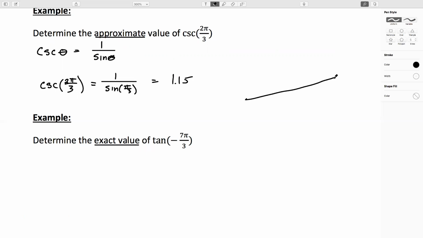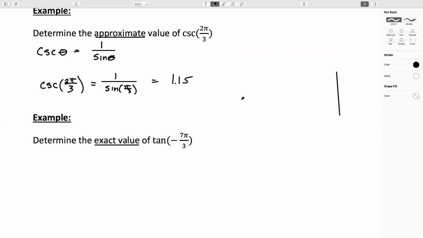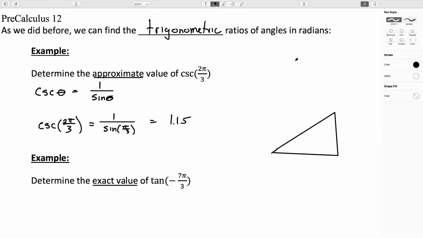So there's the 30-60-90 triangle, which I'm doing an awful job of drawing, but pretend that it's nice and to scale. Okay, let's say that's our 30-60-90 triangle, and let's say we also have our 45-45-90 triangle.